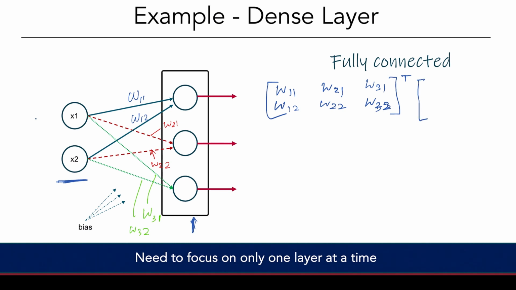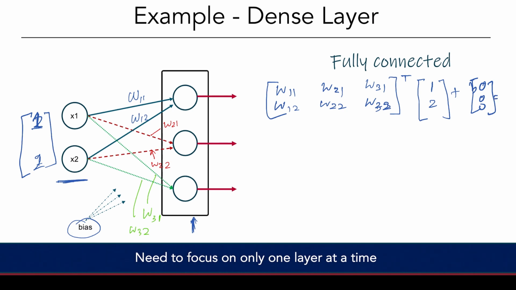I'm just going to give an example of 1 and 2 as an input, and then we will have a bias, which I'm not connecting just to reduce the clutter on the diagram. B would be 0, 0, 0, and then we should get an output of some dimension. Let's take a look.